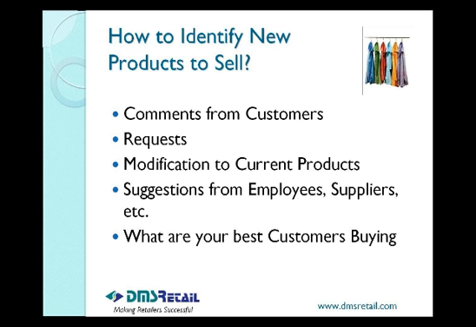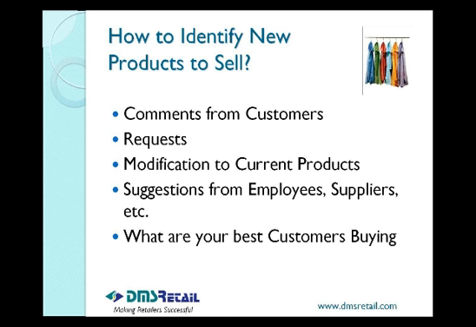Now, one very powerful concept here is when you look at your very successful merchandise lines and categories, you can modify the successful products to give them some twist, some change, maybe different colors. We do that anyway automatically, but it could be a slight deviation from the standard product.